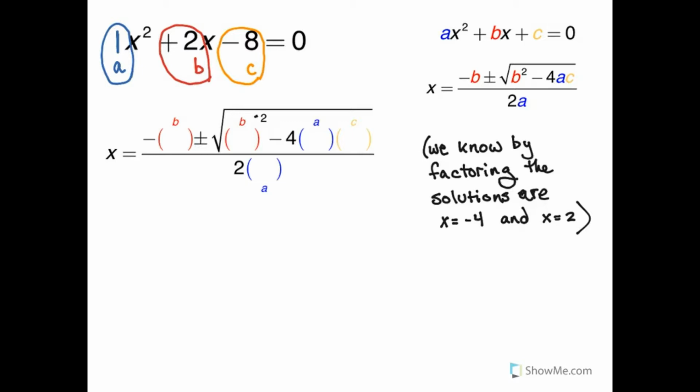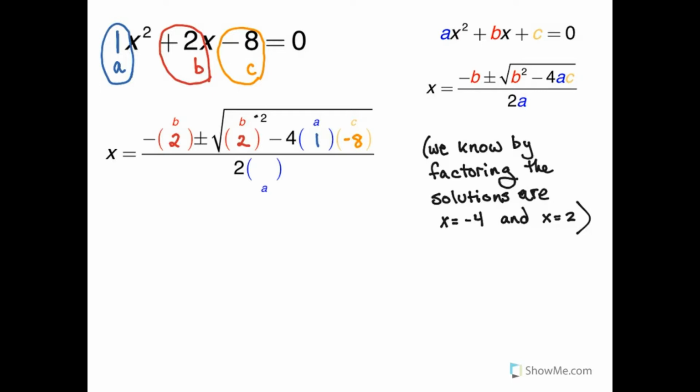Since the formula is so complicated, I've made a template here for you to fill in, and it shows which coefficient needs to go in which spot. So the formula says negative b, and b is 2, plus or minus the square root of b squared, b is 2, minus 4 times a is 1, times c, negative 8.